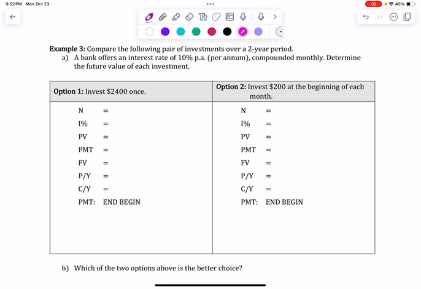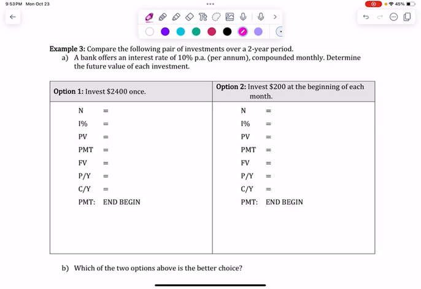And we want to determine the future value of each investment if, in option 1, we invest all that money, $2,400 at once as a one-time lump investment, or if we invest $200 at the beginning of each month. What I'd like you to do, I'd like you to pause the video, try and plug in these values, see what you get, and then unpause and see if yours matches mine.